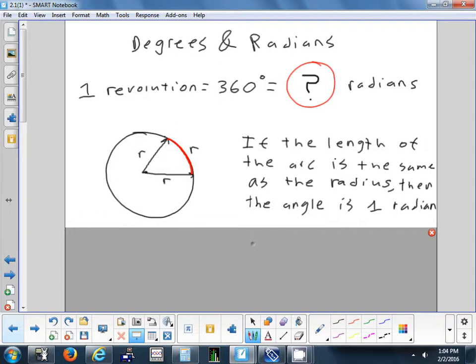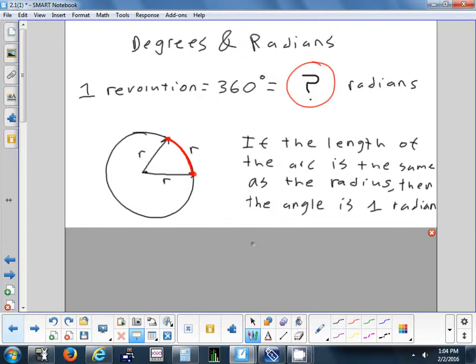Okay, so I've drawn a circle here. And inside that circle, I drew an angle. And the two rays of the angle hit the circumference here and here. Between those 2 points I just drew, I connected them, and that's called an arc.